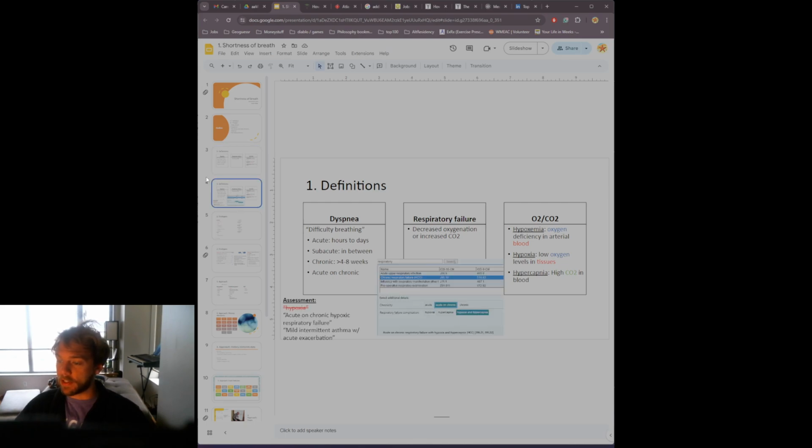The reason our definitions are important is because this can not only affect billing and coding, as you can see on the screen here, a picture of EPIC.